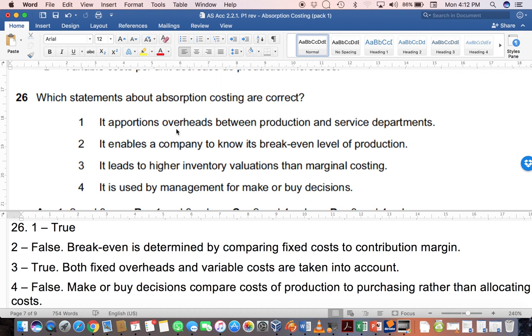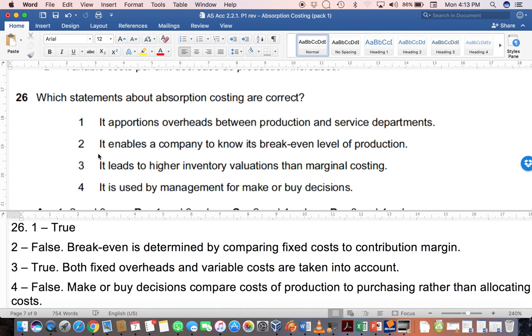So, number 1, it apportions overheads between production and service departments. Yes, this is true. The overheads are divided between different products that are being produced as well as other departments that are offering some kind of service or whatever within the business.